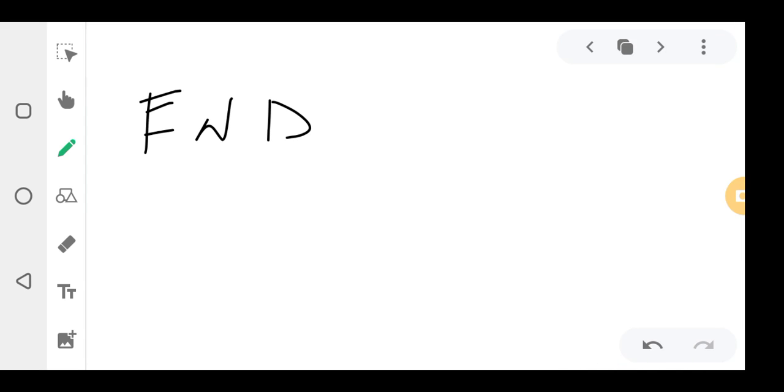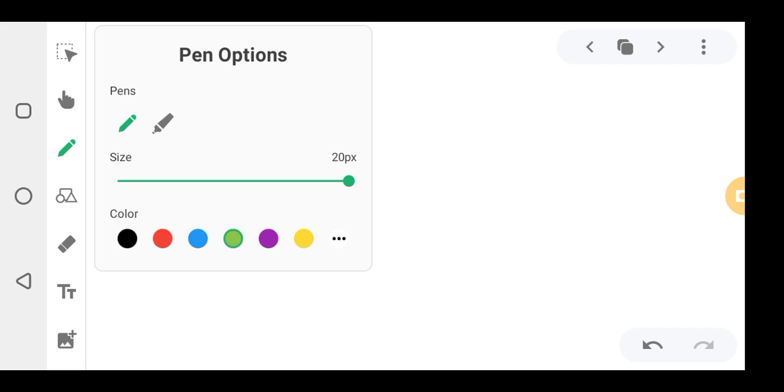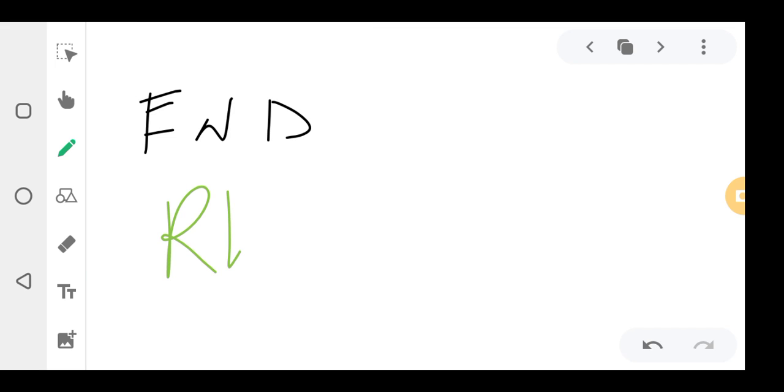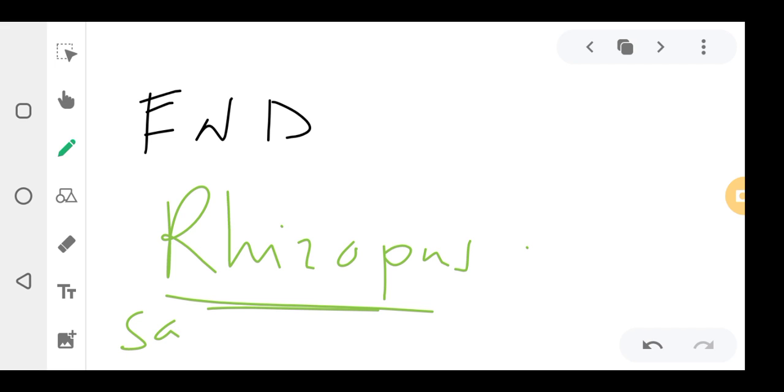In the next lecture, I'll teach you a little bit more on the rhizopus. The rhizopus is taken from saprophytic nutrition, which is a type of heterotrophic nutrition.